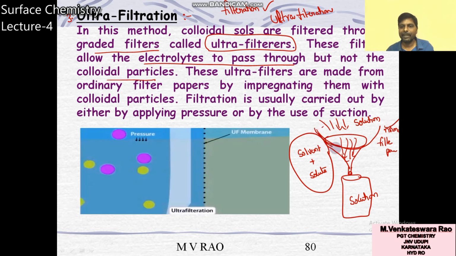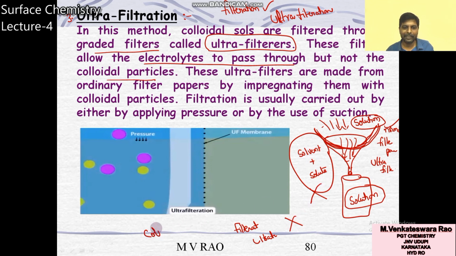In the same way, you replace this normal filter paper with ultrafilter paper. By using ultrafilter paper also, if you pass solution, you will get only solution. You cannot separate solvent and solute by using ultrafiltration also. So by using filtration and ultrafiltration, you cannot separate solute and solvent.